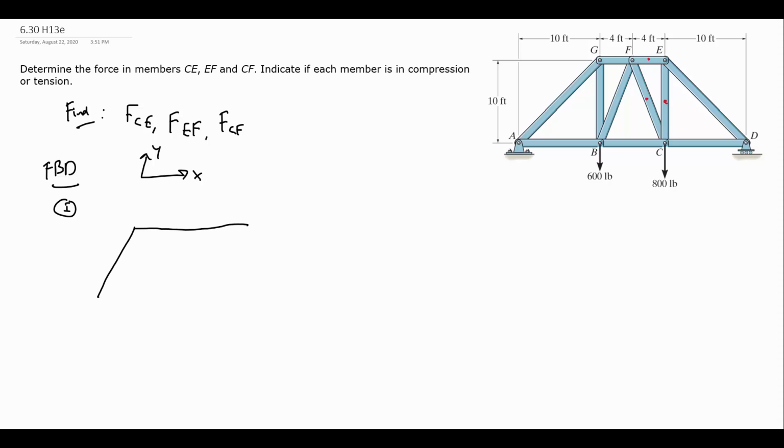In the external picture, just take everything and remove it from the support at A and the support at D. We also have these 2 applied forces acting on our structure: an 800-pound force and a 600-pound force.